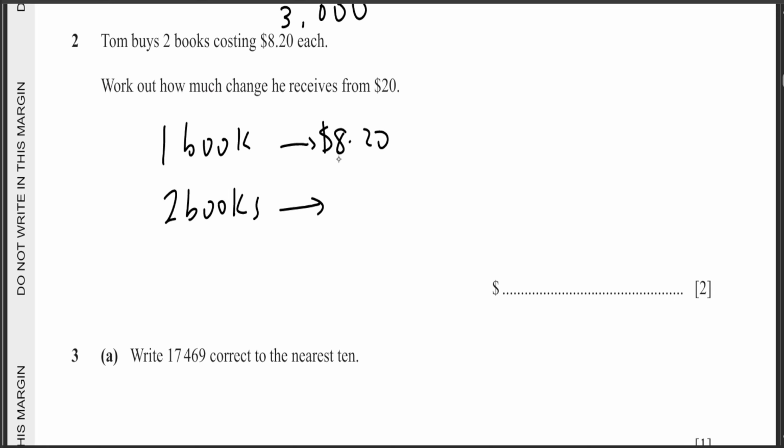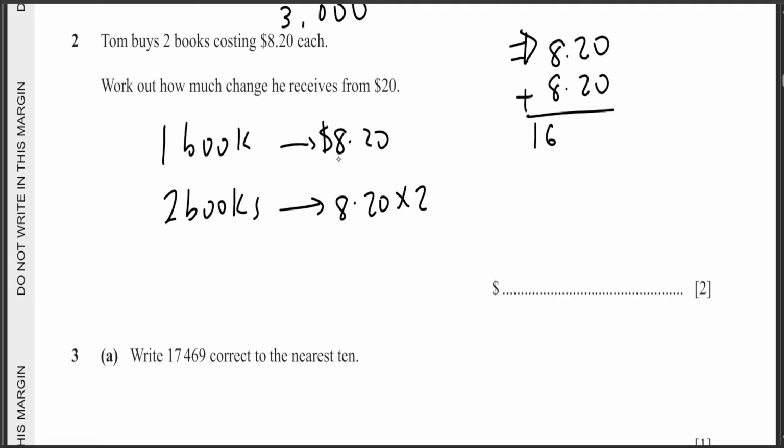You're going to take 8.20 times 2. But the easiest way, because it's two books, and remember this is a non-calculator paper, so you won't use any calculator, you do 8.2 plus 8.2, which gives you 16.20.